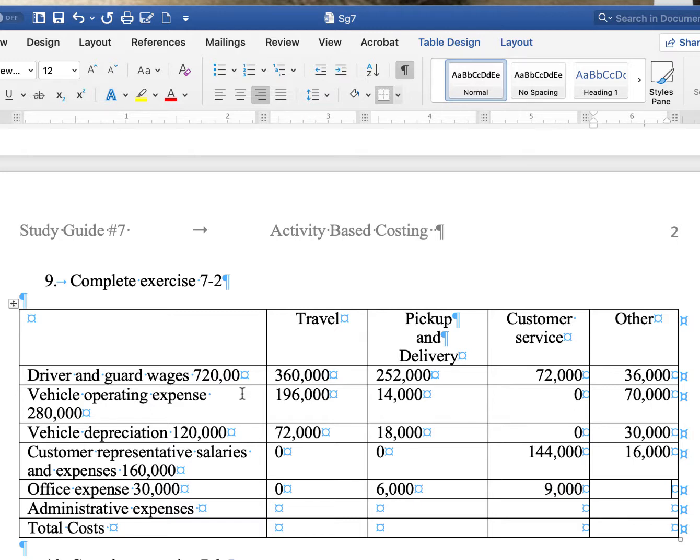And then we have this organizational sustaining activity. This organizational sustaining activity consumes 50% of office expenses, which ends up being $15,000, because I take 50% times 30,000. Then we have administrative costs, right? We have an administrative expense.